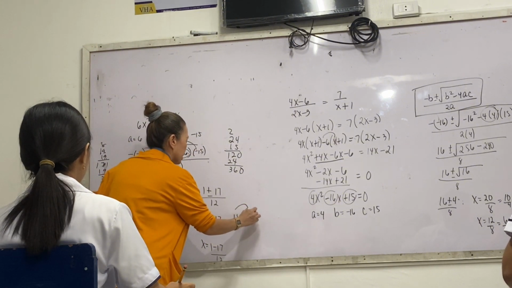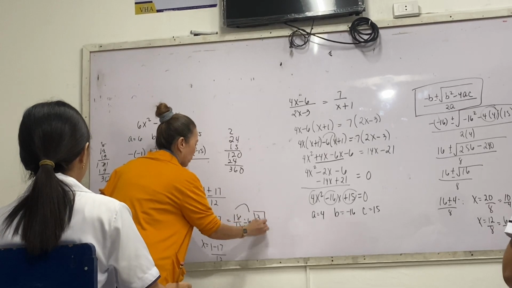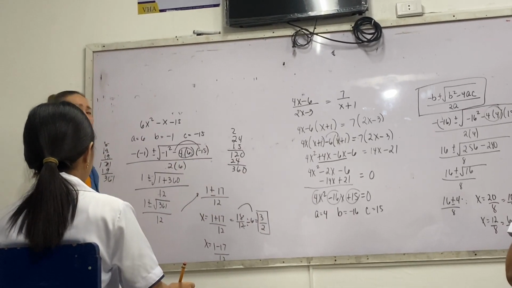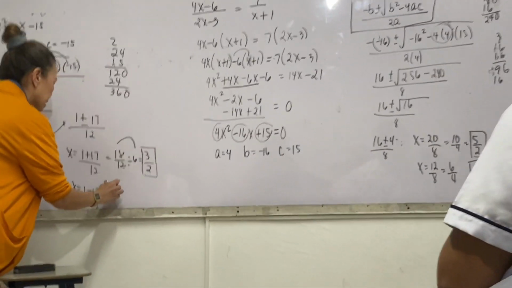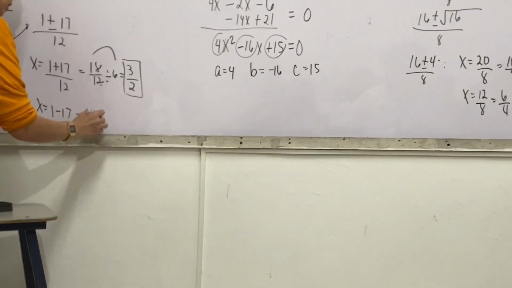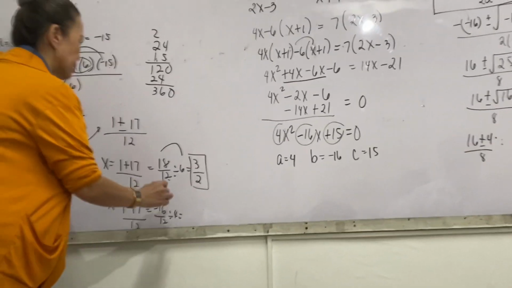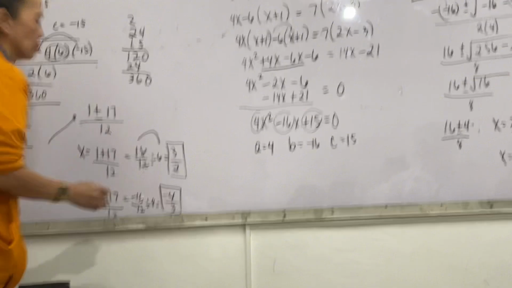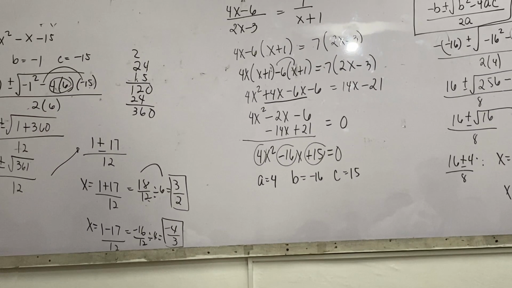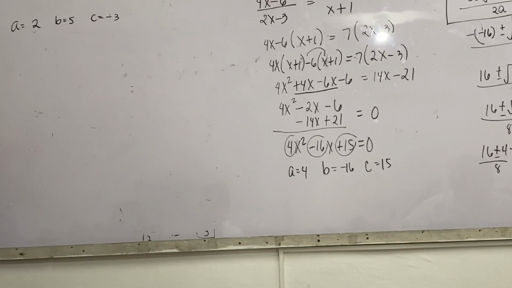So negative 3 over 2. So there are two possible values for our x. Nasusundan po ba? Nasusundan. Sunod natin.